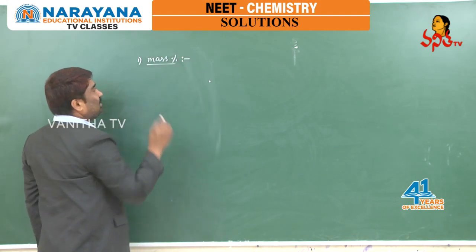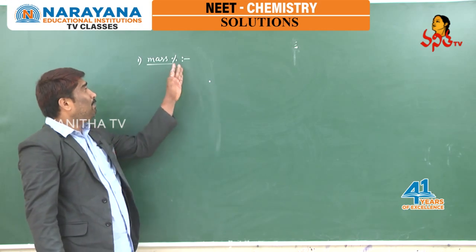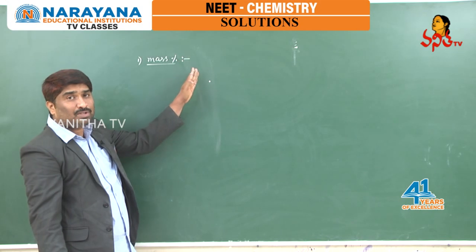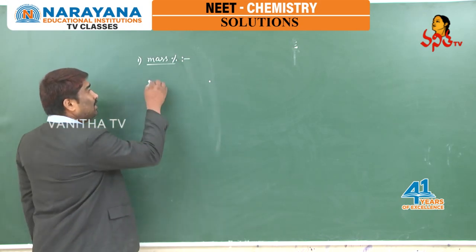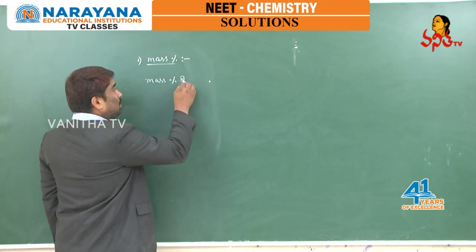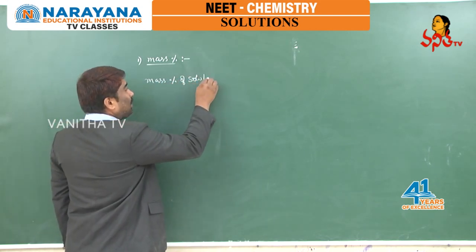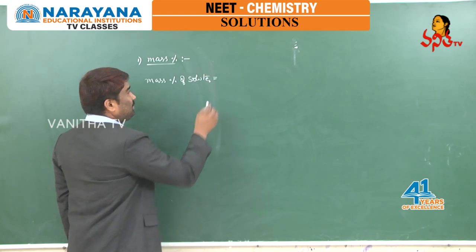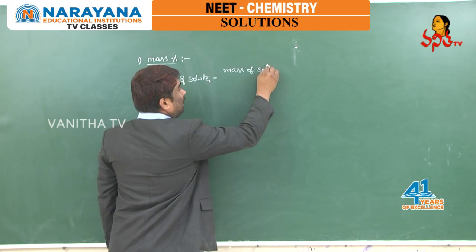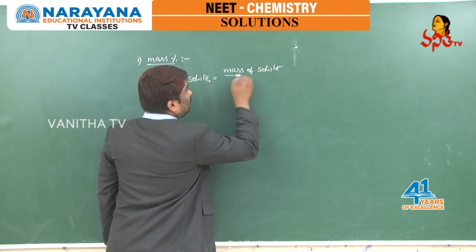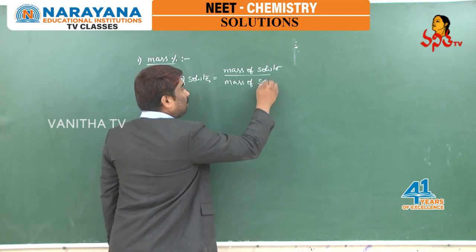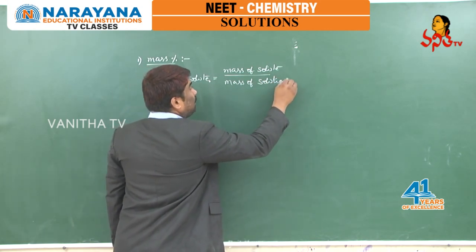How is mass percentage defined? The mass of solute in grams present in 100 grams of solution is called mass percentage. So if you want to calculate the mass percentage of solute, mass percentage of solute is equal to mass of solute by mass of solution into 100.